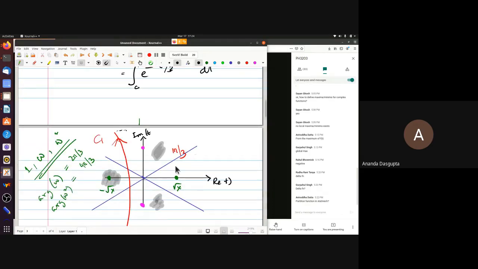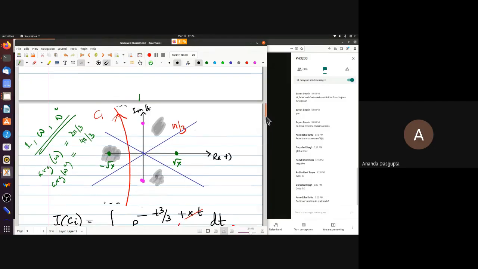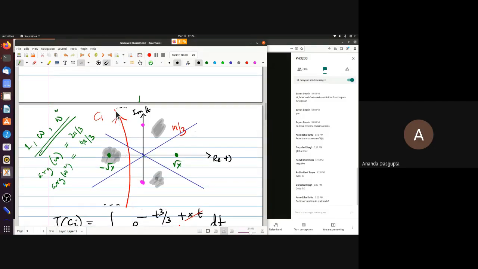C1 can be deformed into any shape you want as long as you start in the right sector and go to the right sector. Then, if you can choose your contour in such a way that the real part of the exponential changes the most rapidly, you can also show that there is a condition where the imaginary part will become stationary.